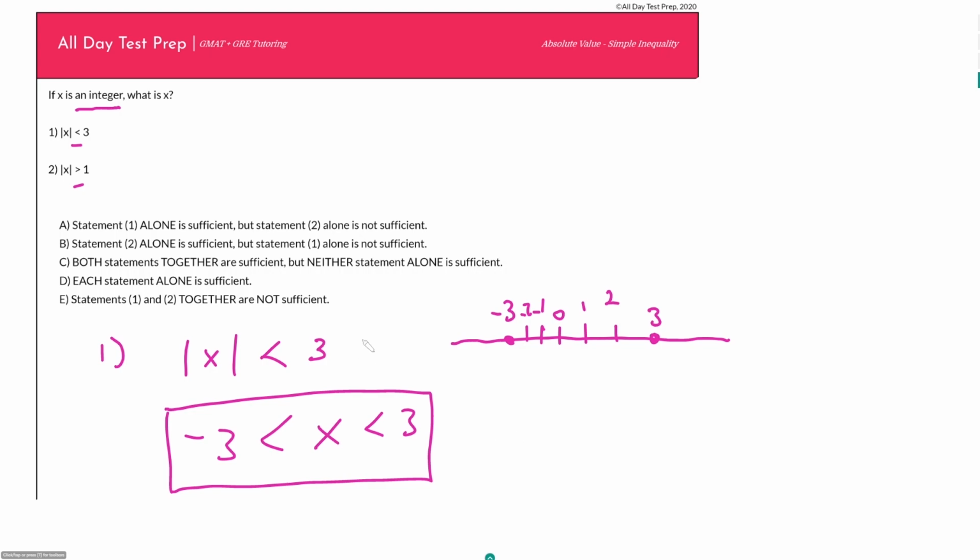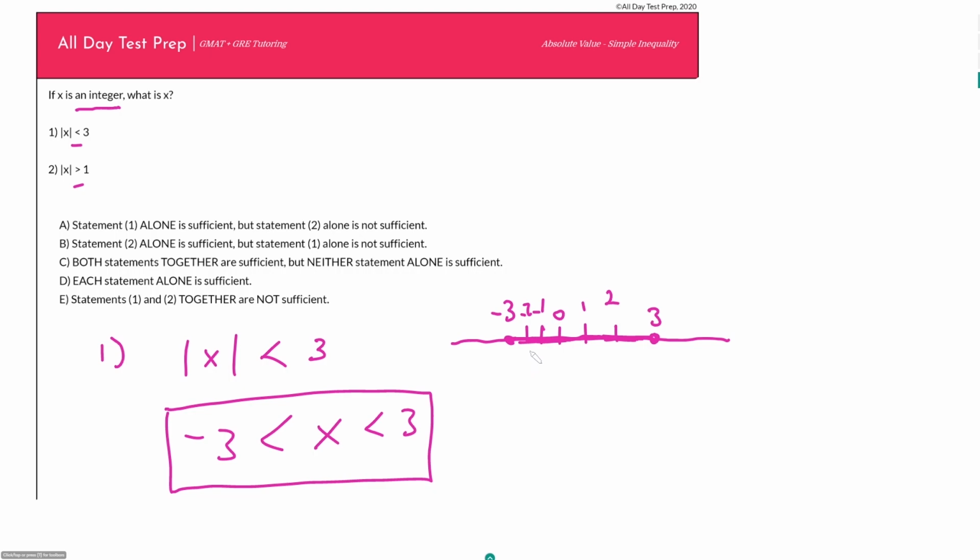So when we have this sort of inequality where the absolute value of x is less than some number, that always gives us this between scenario where x is greater than -3 and less than 3. And so on a number line, that would give us this sort of single-tailed, closed loop solution.